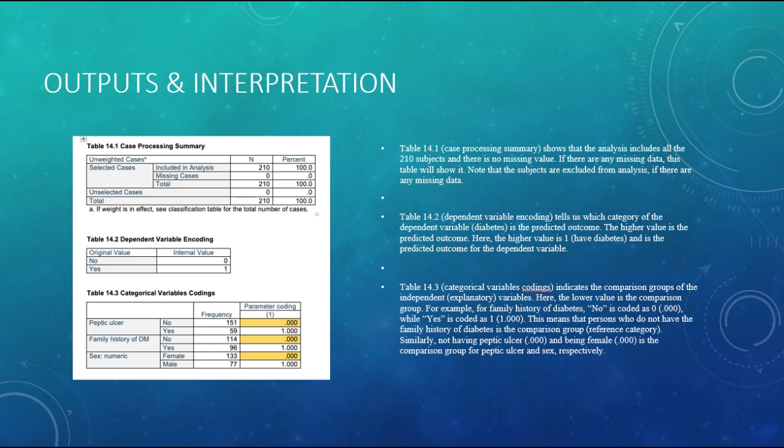This means that persons who do not have the family history of diabetes is the comparison group, reference category. Similarly, not having peptic ulcer, 0.000, and being female, 0.000, is the comparison group for peptic ulcer and sex, respectively.